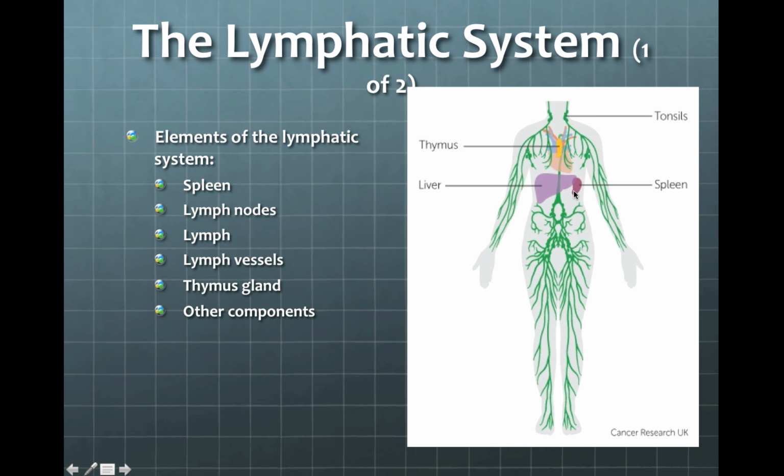Now, interestingly, if you remember, we had a slide a couple slides back of your vascular system, and you'll note that your lymph system is very similar to your vascular system, and in fact they travel in tandem throughout much of the body.